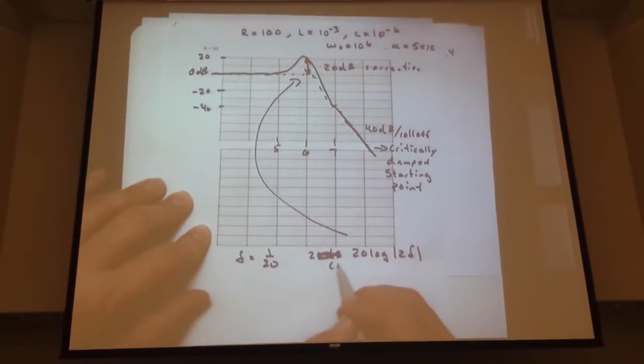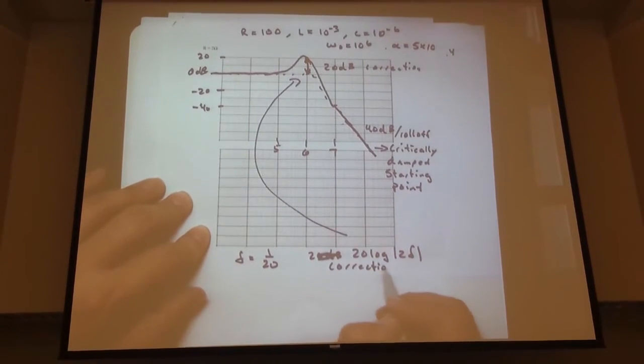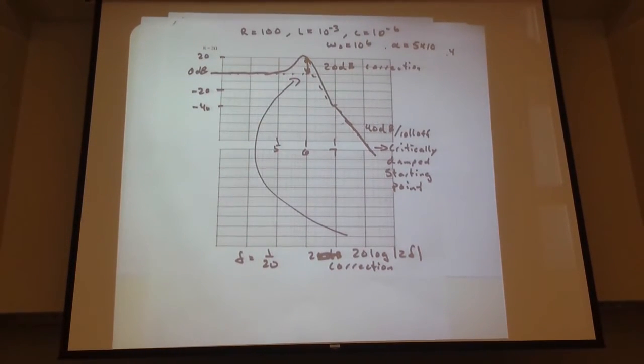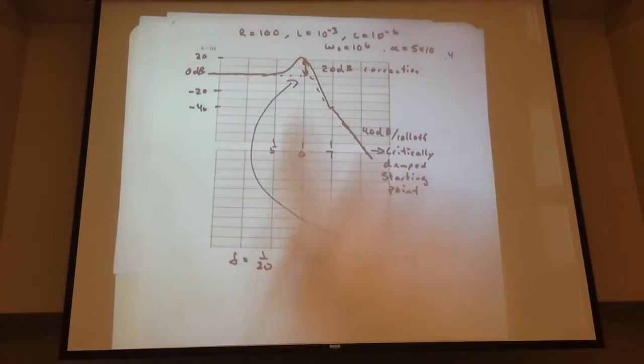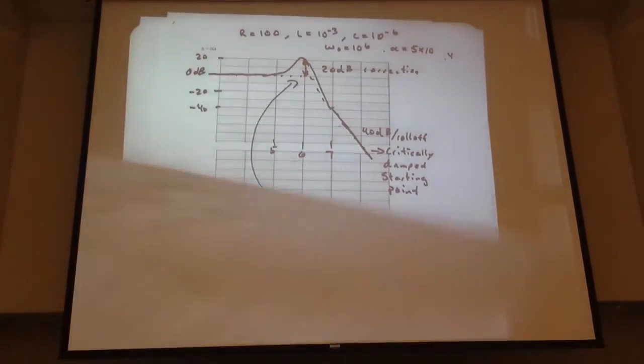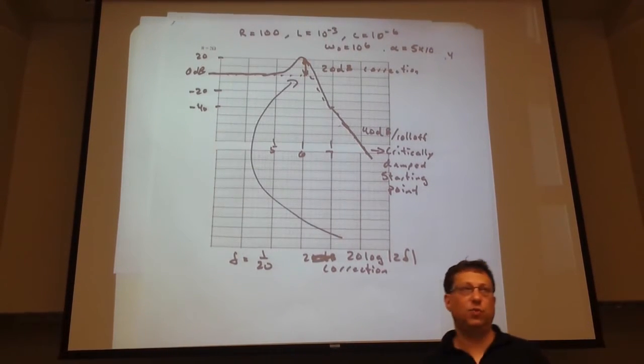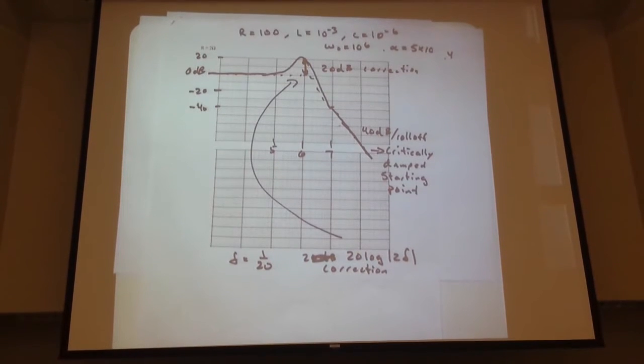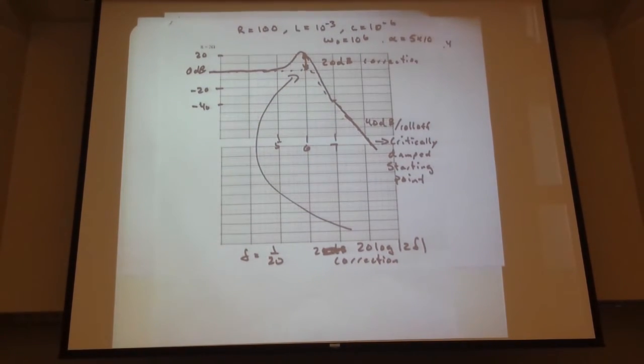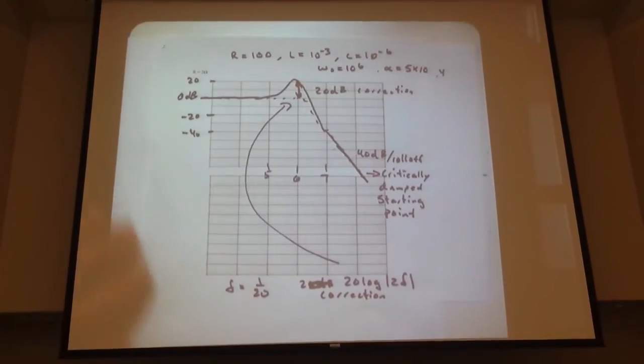That's the correction that we were just talking about. And that's something worth noting. We're going to use that over the next 20 minutes or so. So certainly we can go and plug stuff into the transfer function, which is essentially what I did here. But equivalently, we can use this relationship. It's a shortcut to what I just wrote down. So the height of that, 20 log of 2 times the damping ratio. And that checks.